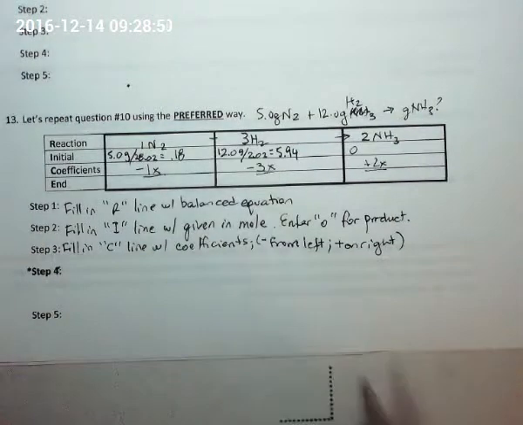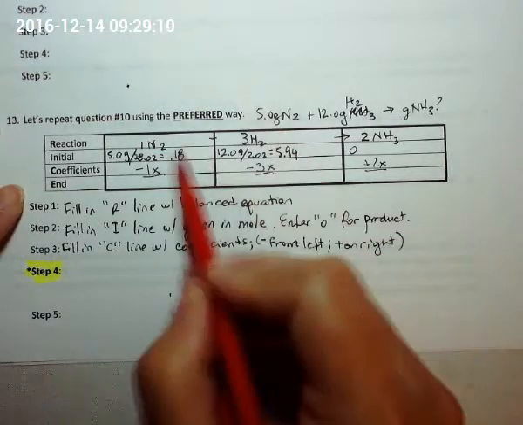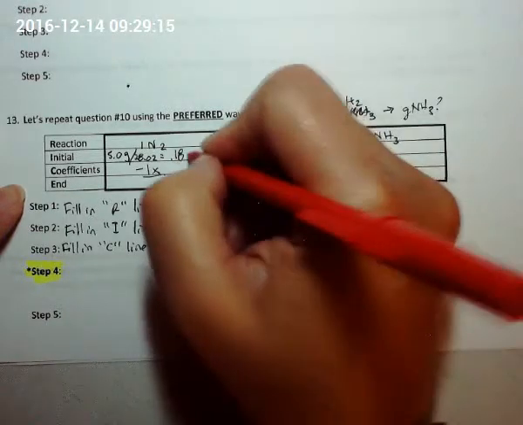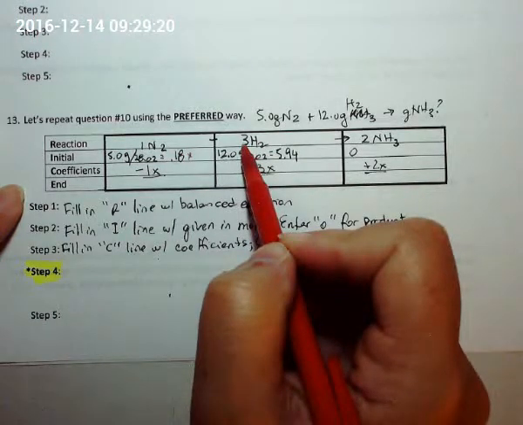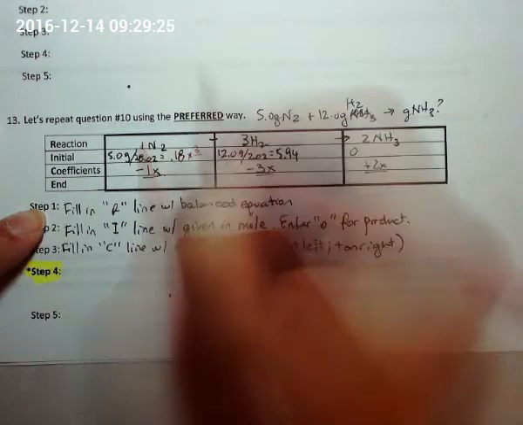Okay, step 4. This is the critical one. This is the one that you really have to focus on. And this is where I kind of messed up a little bit yesterday when I was doing this with you, because I was kind of in a rush. I'm going to do this in a different color, because this is a side calculation. You're going to take this first number in the first box, whatever it is, and multiply it by the coefficient of the second reactant over the coefficient for the first reactant.